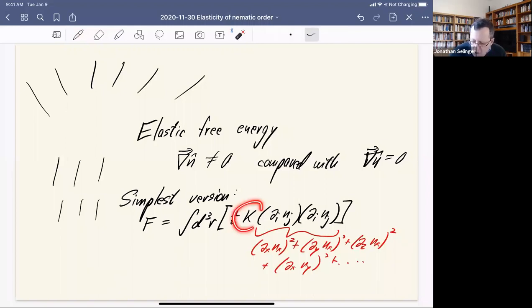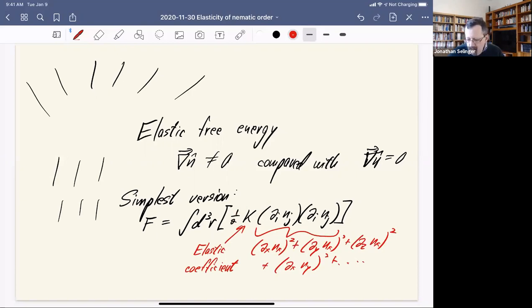There's this coefficient up in front, what we could call an elastic coefficient, which shows how much free energy is associated with variations in the director.